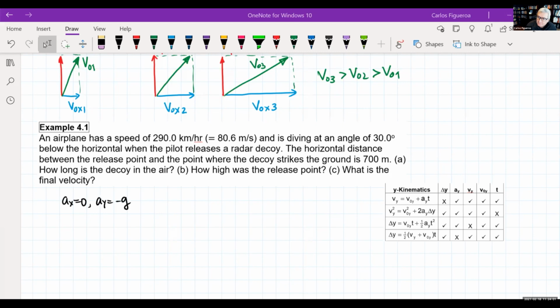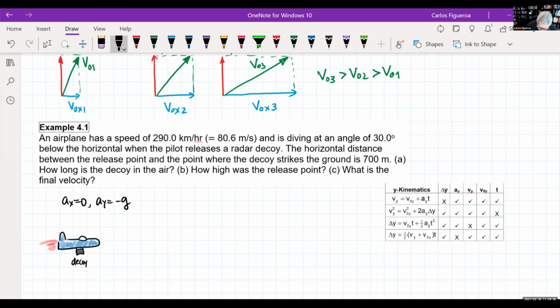So let's draw a plane. Here's my plane, and it's a Blue Angel, with some exhaust coming out. This is my little decoy, and the plane is carrying the decoy.